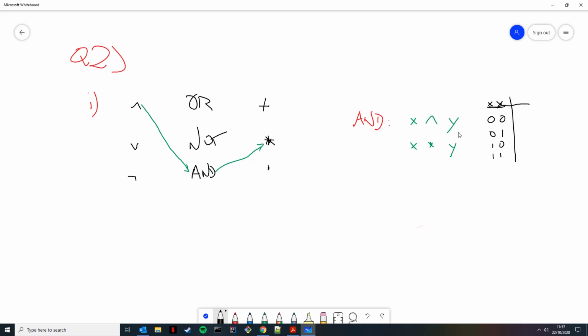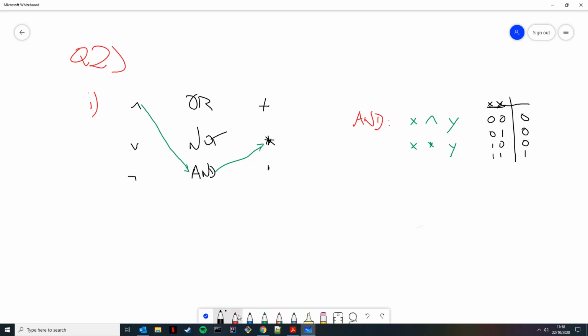X and y says that they both have to be true to get a positive output. So here 0, 0, neither is true. X is 0, y is 1, no. X is 1, y is 0, not both true, 0. X is 1, y is 1, so they're both positive, so we get an output of 1.